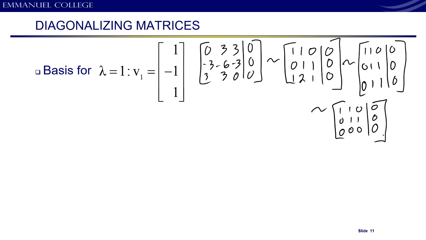So I know it's got a free variable solution, but remember, this is just echelon form. Reduced echelon form is everything above and below your pivot is a 0. So if I add negative row 2 to row 1, I get 1, 0, negative 1. I get 0, 1, 1, and then a bunch of zeros.